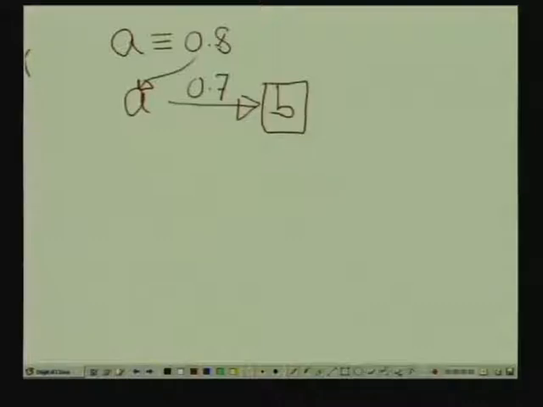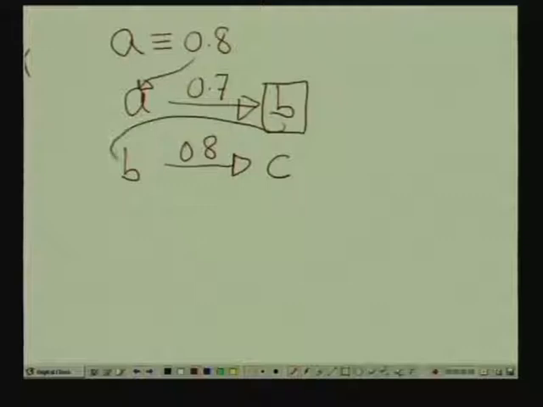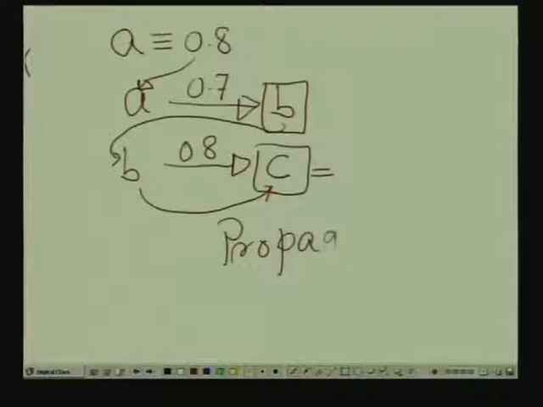So, if I had B implies C, then with some belief of say 0.8 this implication, then through this chain of reasoning C will be inferred with a much weaker belief. This is what we mean by propagation of uncertainty.